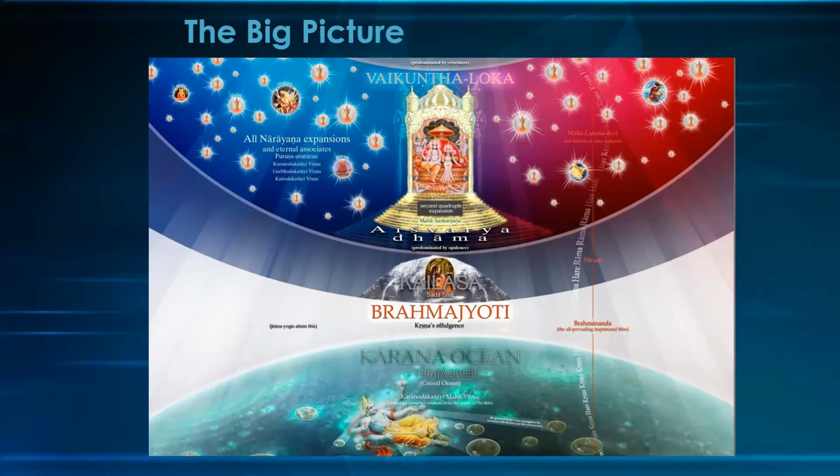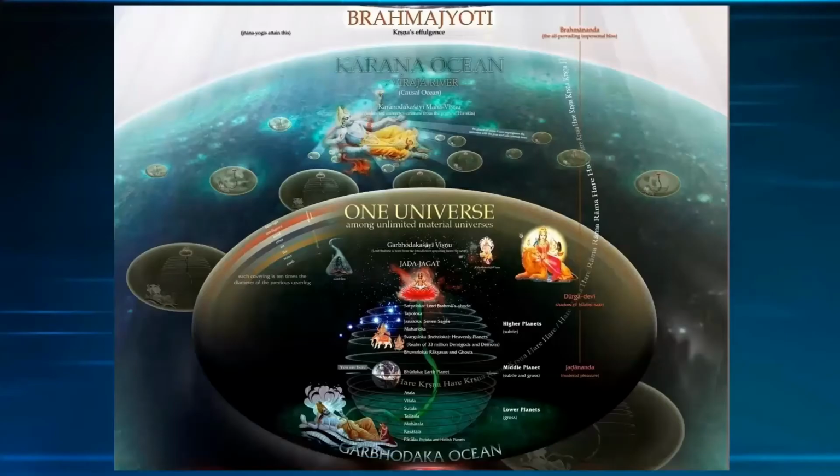There's the Brahmajyoti, and in the Brahmajyoti there are the spiritual worlds and the material worlds. And within the material worlds, we saw that there was one expansion of Krishna, which is Mahavishnu, and from him unlimited universes come, and ours is just one of them.